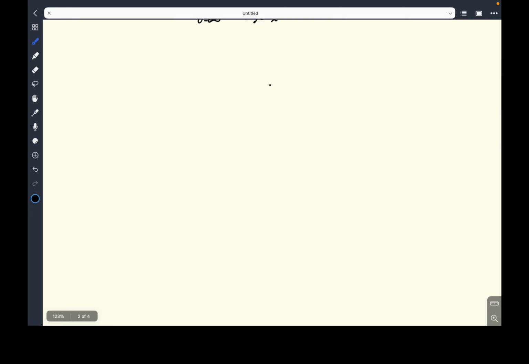Now I'm going to remind you of Euler's formula: e to the ix is cosine x plus i sine x. Recall that here. So I'm going to define an integral from negative infinity to infinity of e to the negative x squared dx, which is the Gaussian integral, and that's why we're using it. You're going to see why.